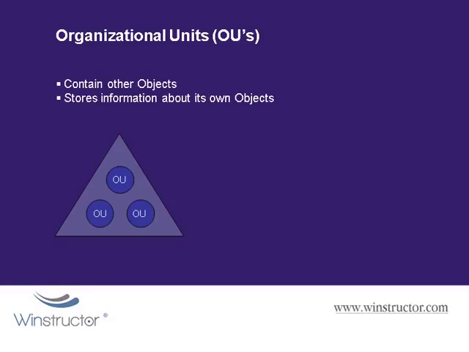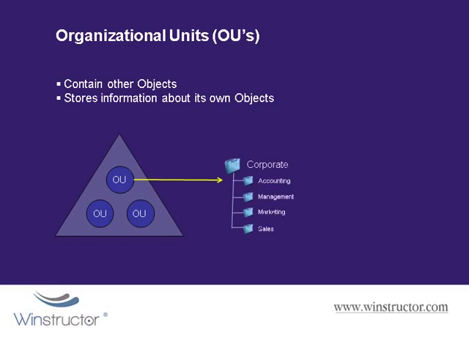Now within our domains, we can also create organizational units, or OUs. OUs are just containers that are used to organize objects into a logical group. Now an OU can contain objects like user accounts or groups, computers, printers, file shares, and OUs can also contain other OUs. OUs provide the most granular scope to which you can assign administrative authority, and they also provide a means for handling administrative tasks.